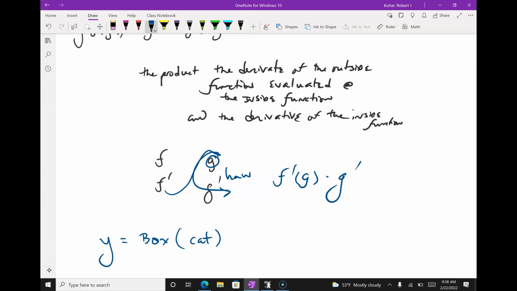So this gives me what? Y prime equals box prime, still with the cat in it, times cat prime. And you'll hear me say several times, keep the cat in the box. So whatever it is on the inside the first time, keep it on the inside.